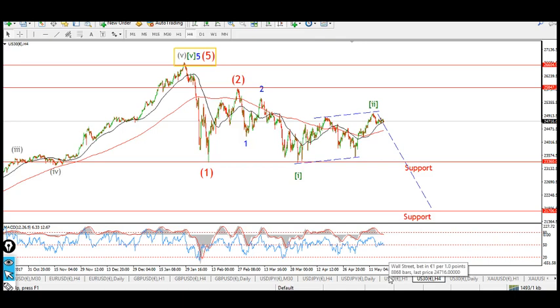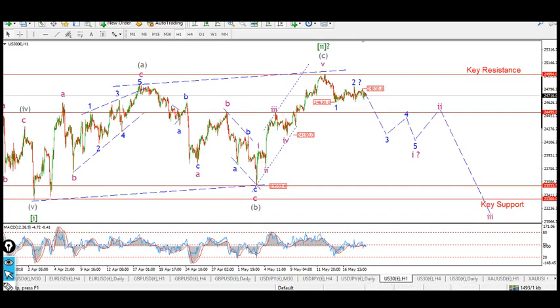Let's get down to the implications, which are an acceleration of a turn into a possible third wave down. So you would expect an acceleration into the downside over the next couple of weeks.